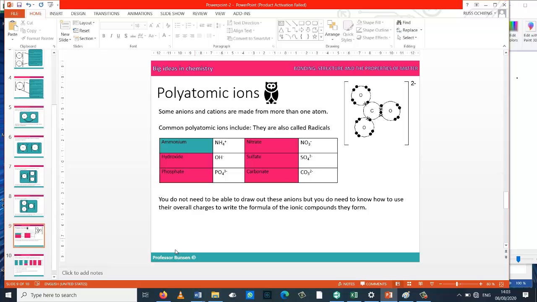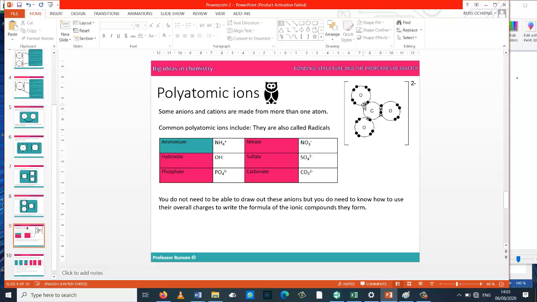Now, this is an example of a carbonate ion that is formed when we have a carbon surrounded by 3 different oxygen atoms. In this case, this type of bond that we have formed between non-metals is called a covalent bond. Now, remember, carbon requires how many electrons to be stable? 4, because it is in group 4.